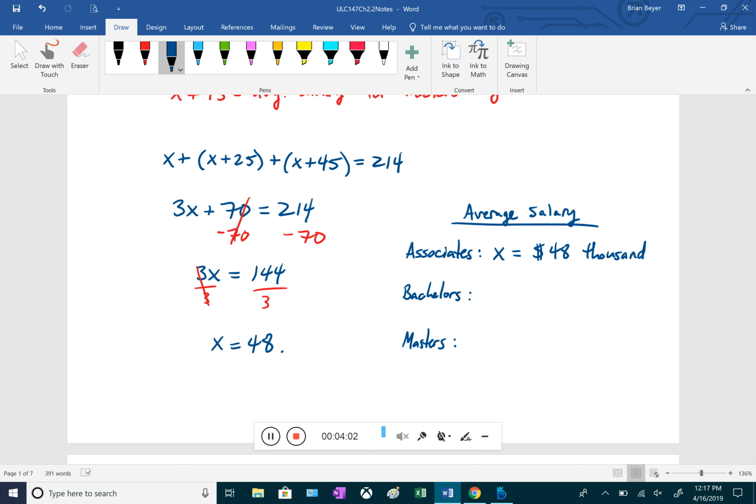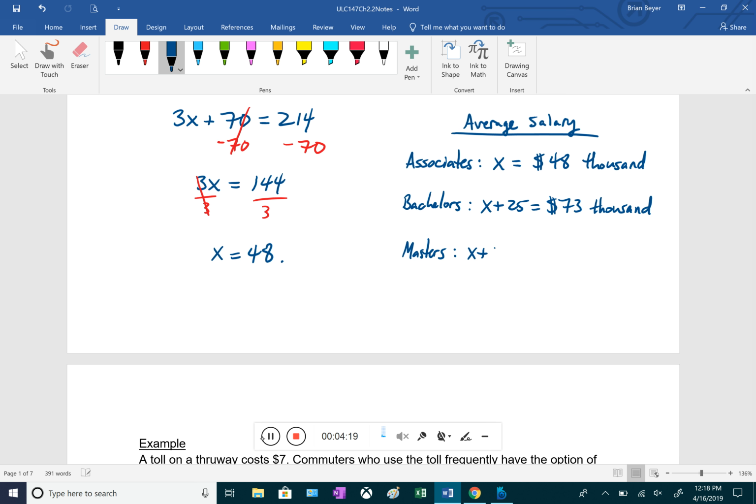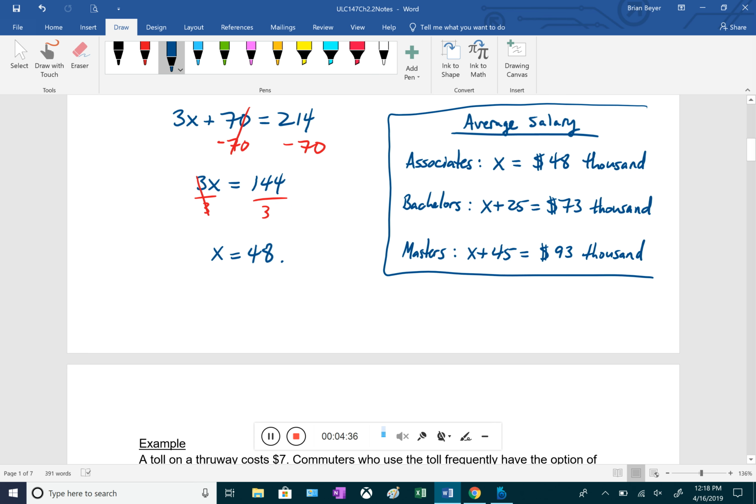And for the bachelor's, that was our x plus 25, which is 48 plus 25, which is 73. So that's 73,000. And lastly, for the master's, we knew that that was x plus 45. So that's 48 plus 45, which is 93,000. Okay, so those are our final answers for this one.